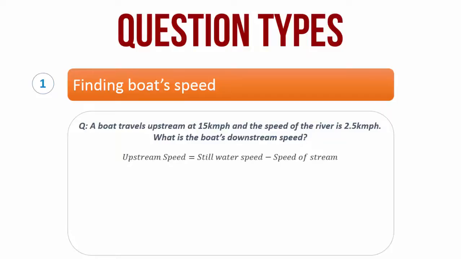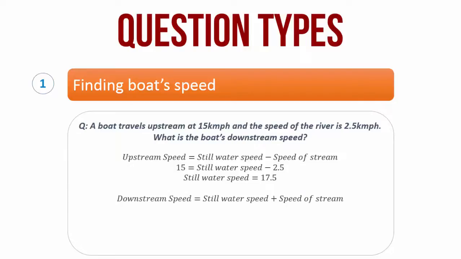We know that upstream speed is equal to still water speed minus speed of the stream. Therefore, 15 equals still water speed minus 2.5, or still water speed equals 17.5. Downstream speed is equal to still water speed plus speed of the stream. So downstream speed is 17.5 plus 2.5, equal to 20 kilometers per hour.